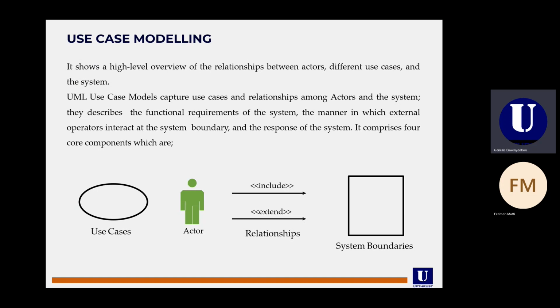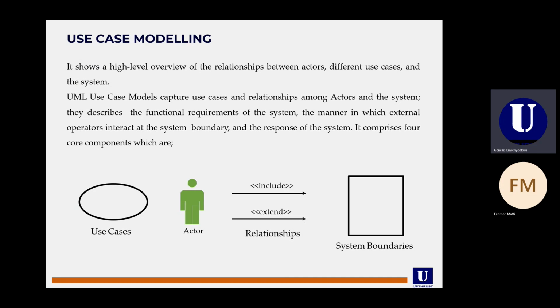And the use case diagram comprises four core components, which are, one, the use cases, which you can also call the functionality or the features of the solution; the actor, which when we talk about actor, you can either talk about the end user, the customer, the regulatory body, another system interfacing with our system can also be termed an actor. Even the system admin can also be termed an actor.